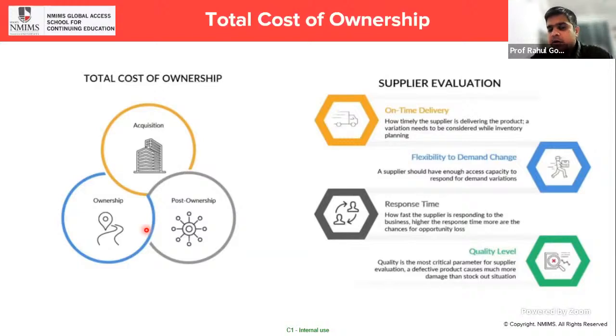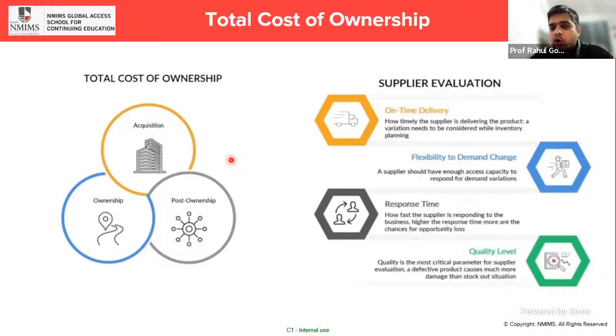Is the supplier interested in doing some of the activities which can be a win-win situation for both supplier and manufacturer? What is the post ownership support given by suppliers? When you combine and evaluate all of these three elements, it results in a total cost of ownership, and then you should take a call whether the supplier makes sense in terms of doing business.